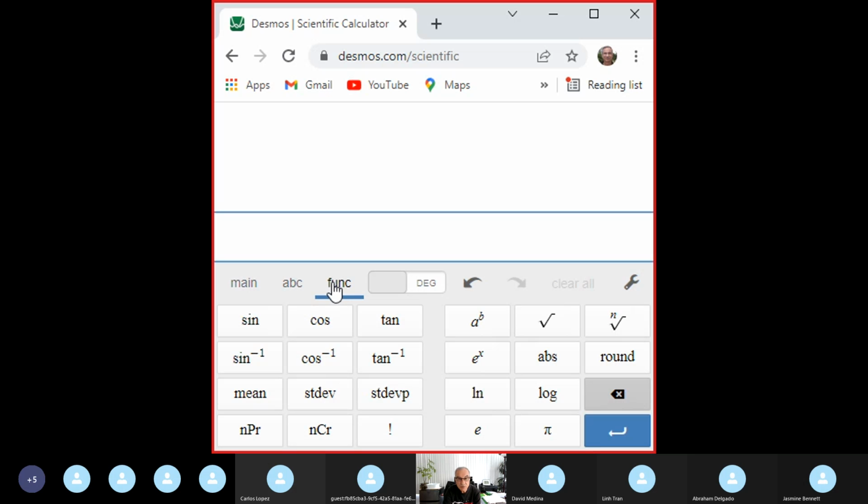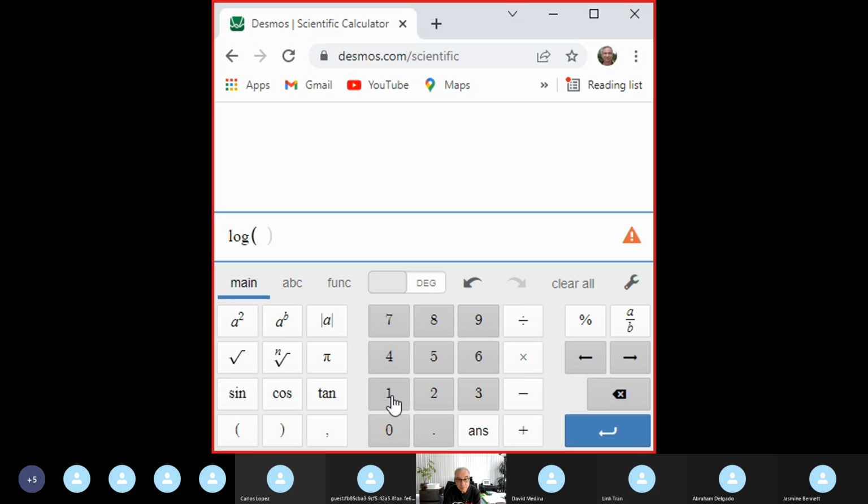And common, here in the functions, log of 10 is 1, log of 100 is 2, log of 1000 is 3, and so on. Remember in the last class, 0.1 is -1.